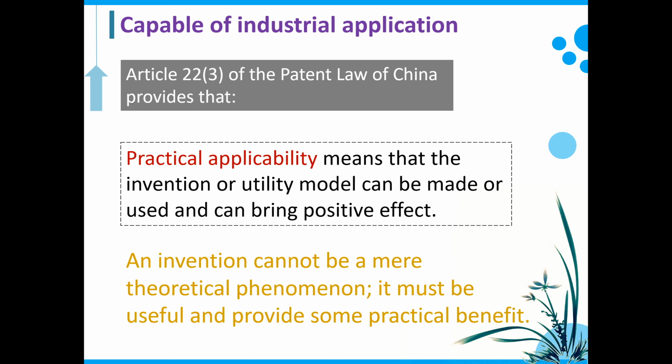Being useful. So put another way, the requirement of usefulness, or being capable of industrial application, means number one, it must be made or used or applied or enabled. Number two, it must be useful or not harmful.